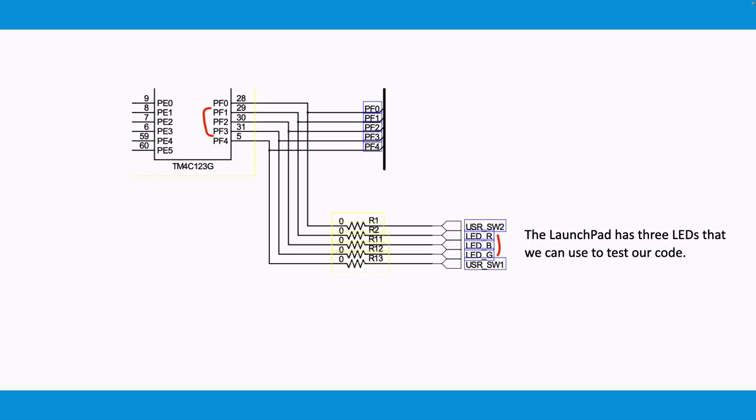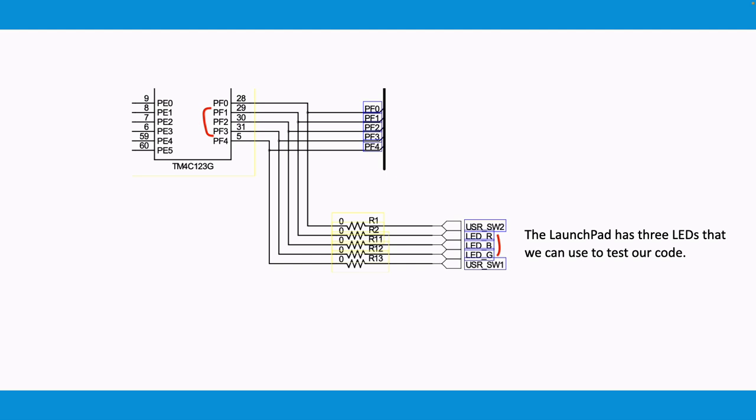This is a diagram of the launchpad, the one that we're using for this exercise. This launchpad already has 3 LEDs connected. We can use those 3 LEDs, and as you can see in the diagram, we have an RGB LED: red, blue, and green. These are connected to port F, in pins 1, 2, and 3.